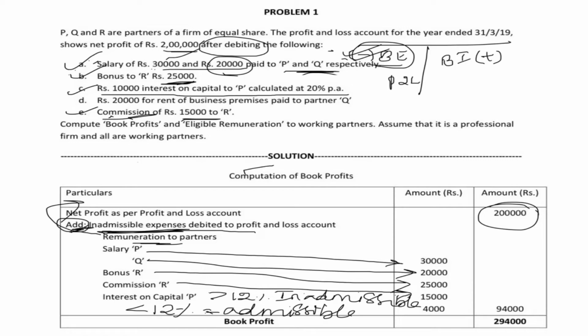So here in this problem we have 20% interest on capital. So to the extent of 12% is admissible. The exceeded value here is 8%. So this 8% will be treated as inadmissible value.